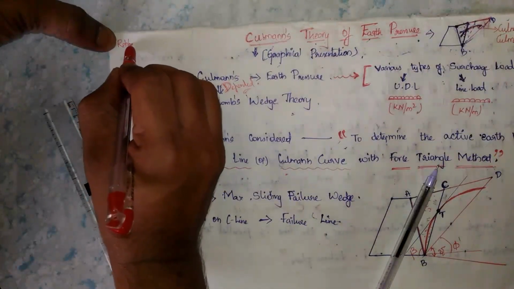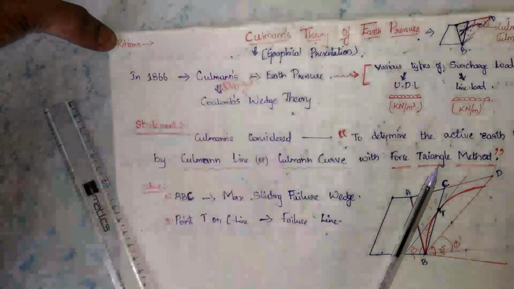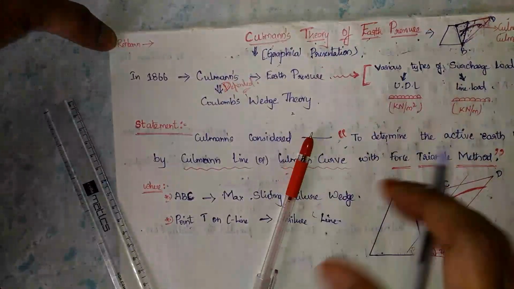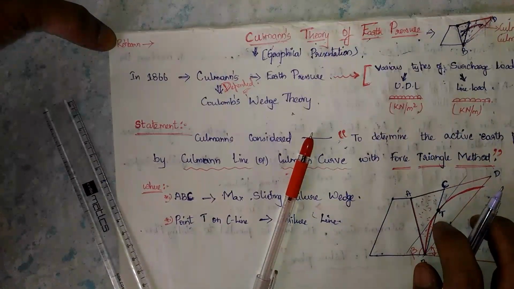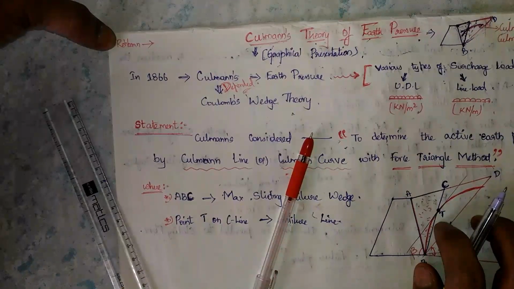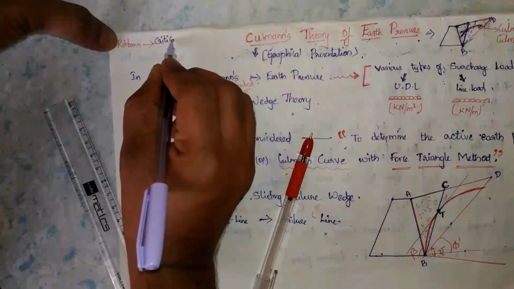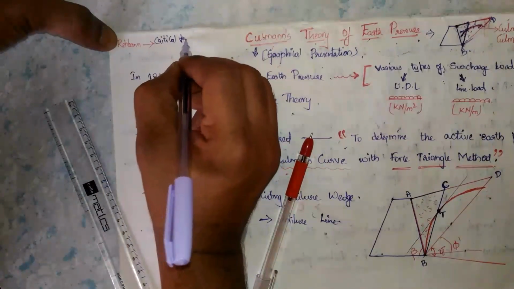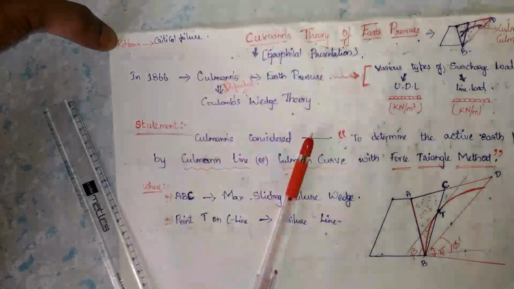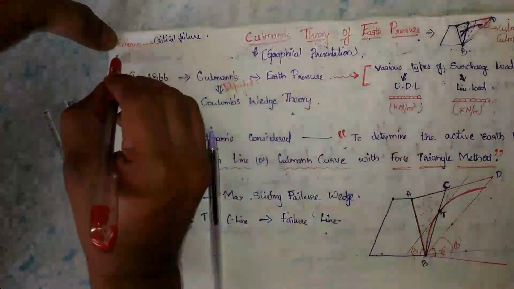In the graphical presentation, Rebhann discussed that when the load is applied on the sliding wedge, a critical failure plane develops.